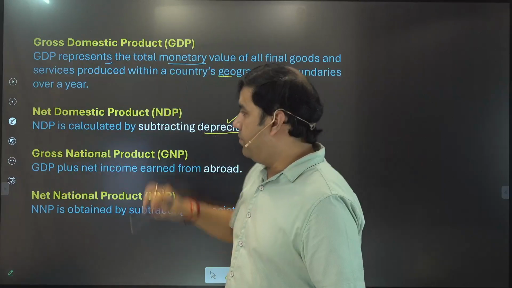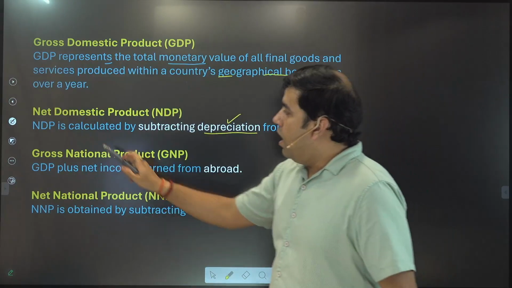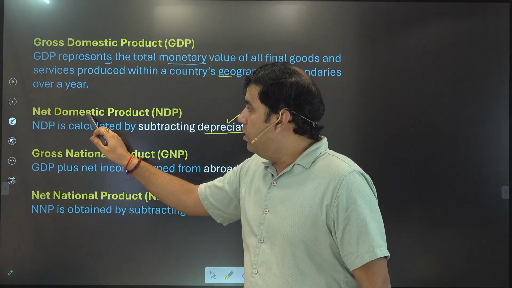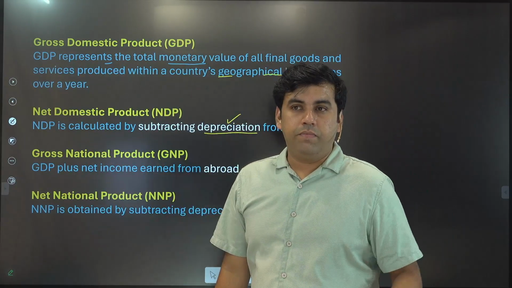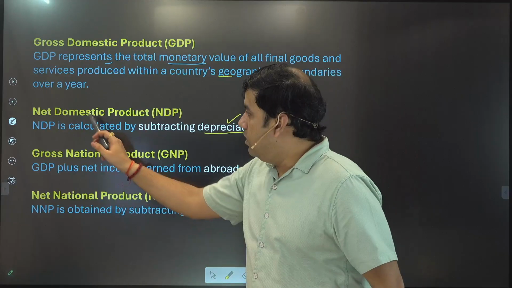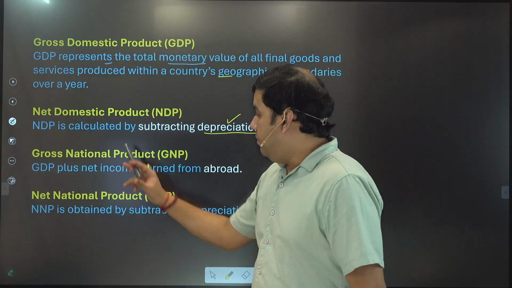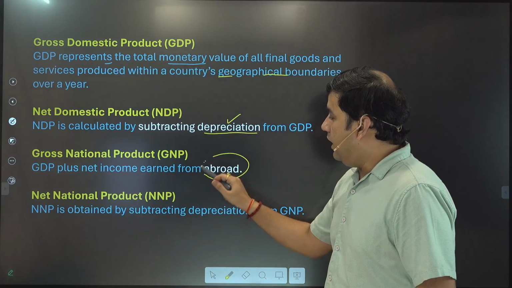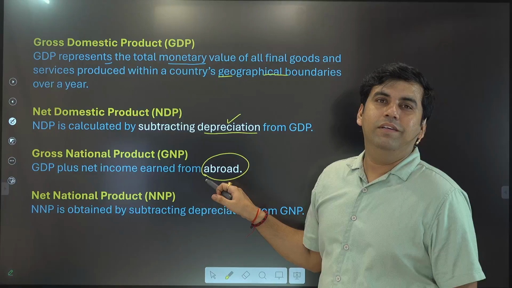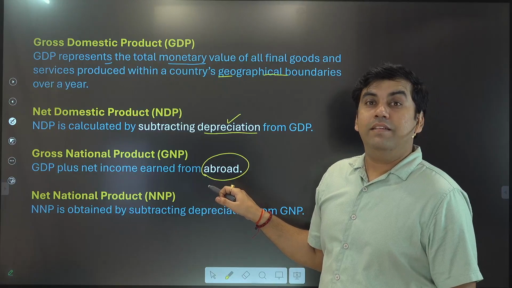The other part remains the same. Now, how does domestic become national? It becomes national when you include the income earned from abroad, the money sent by NRIs.